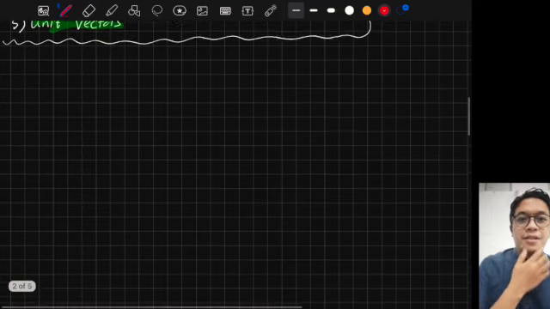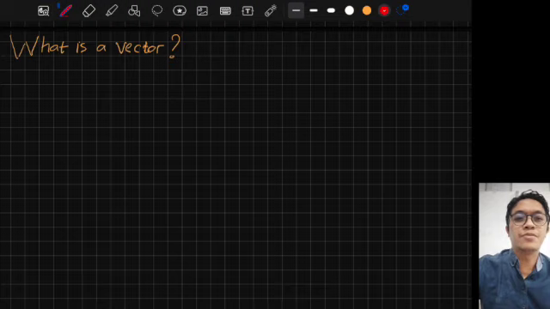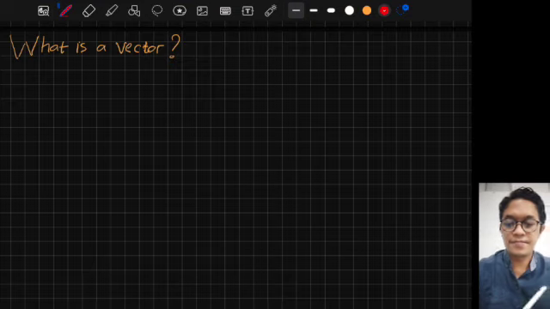What is a factor actually? Well, suppose you are going from your house to your school. Let me draw it in this diagram.